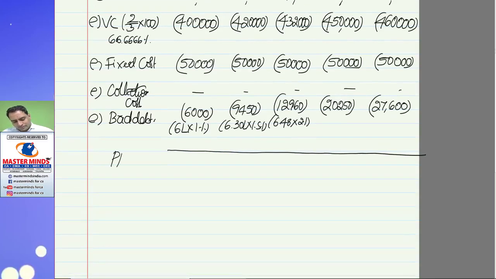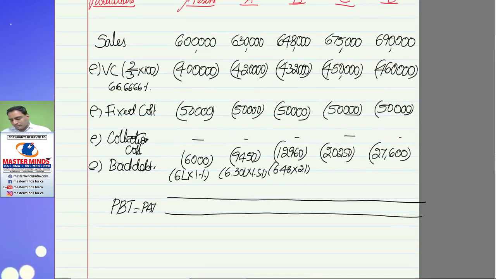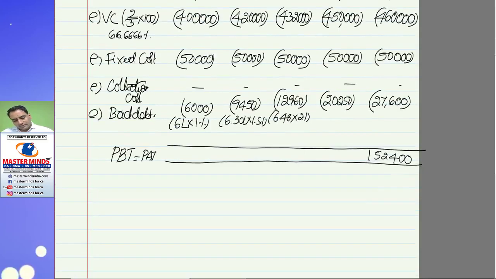Therefore, PBT is equal to PAT here, no tax. Contribution 4,60,000 minus 1,52,400 and the other deductions gives 1,50,000, 1,44,000.